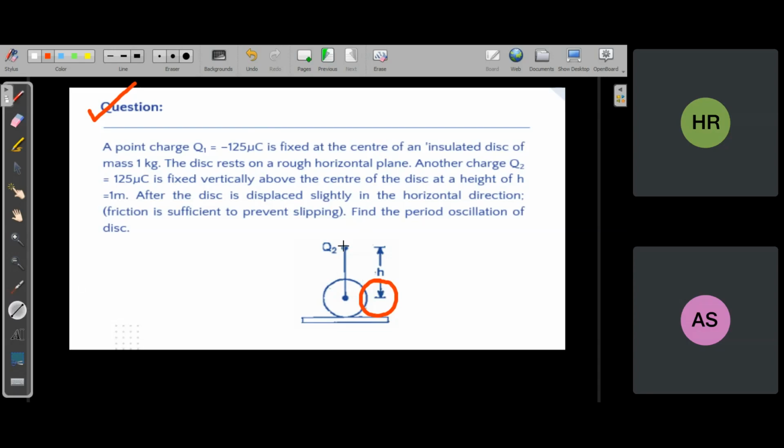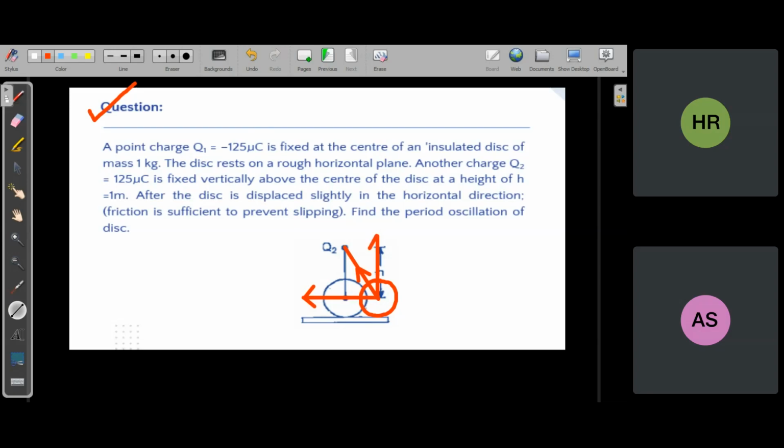And at that time the force acting on the disk will be in this direction, right? Because this charge is negative charge. And when the force is in this direction, now you can break it into components. You can take this component and this component, right?